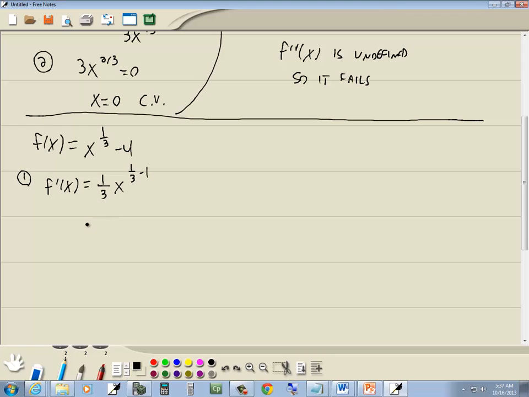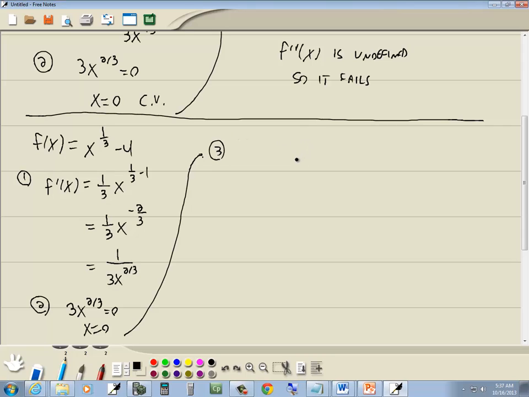The negative 4 drops away, which gives us 1/3 x to the negative 2/3, which would give us 1 over 3x to the positive 2/3. Well, we need to find our critical values. So set our top part equal to 0, set our bottom part equal to 0. Don't need to worry about the top. So we have 3x to the 2/3 equal to 0, which we've already said gives us x equals 0.